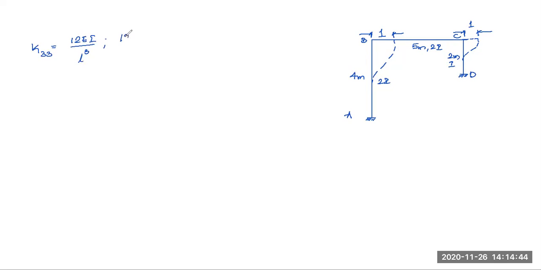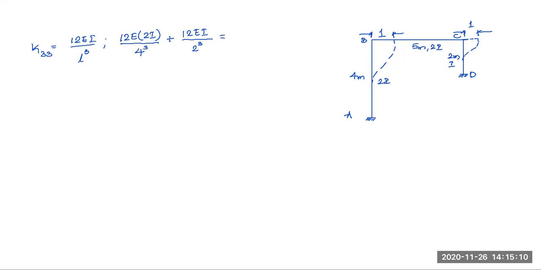So 12 EI by L cube for member AB or BA, 12 E into 2I by, sorry, what is the length? 4 meters, 4 cube. Plus 12 E into I for member CD divided by 2 cube.